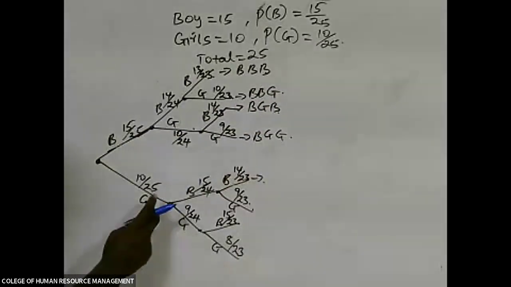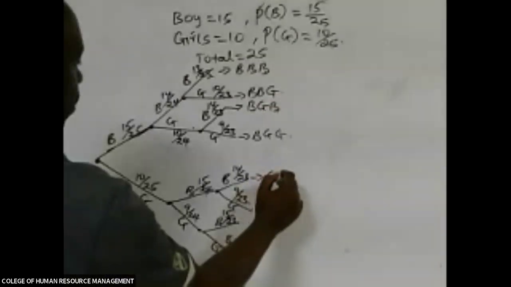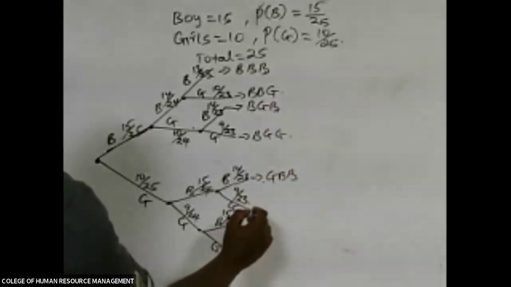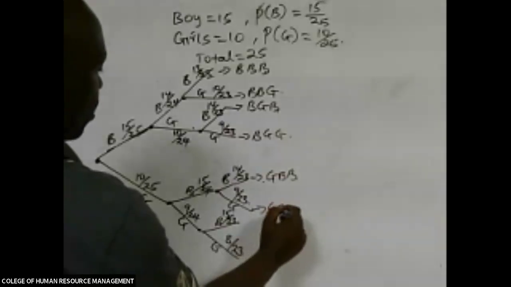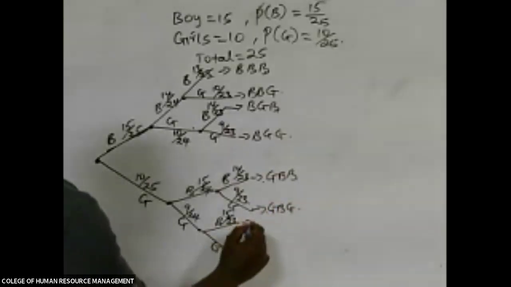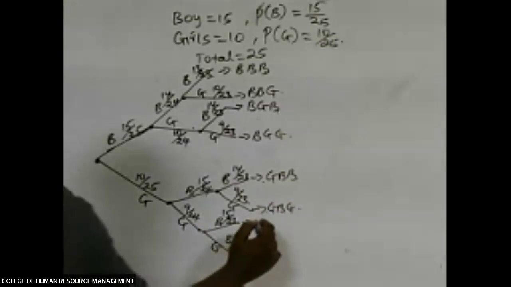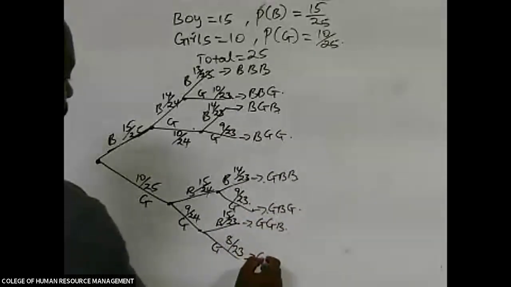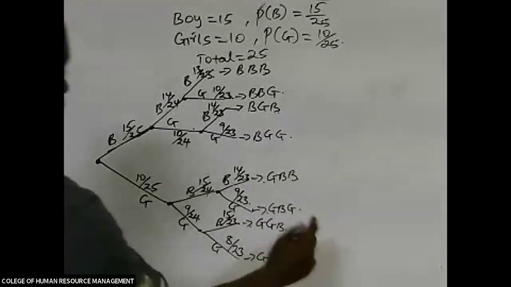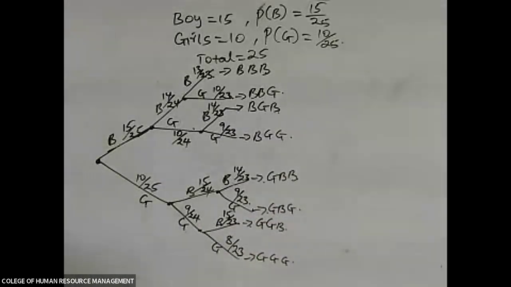What about there? Girl, boy, boy. What about here? Girl, boy, girl. What about here? Girl, girl, boy. Here it is girl, girl, girl.